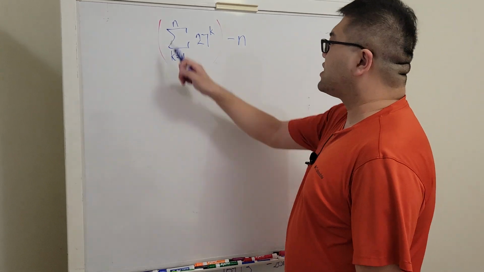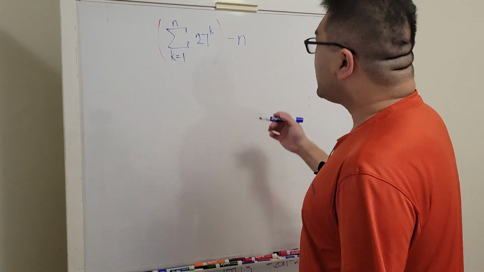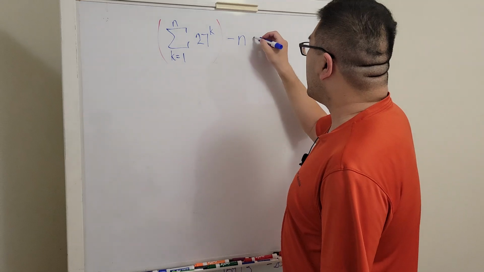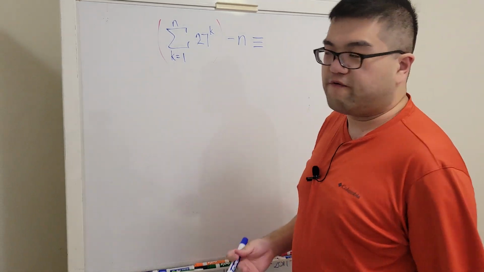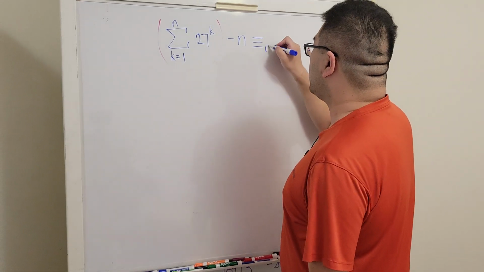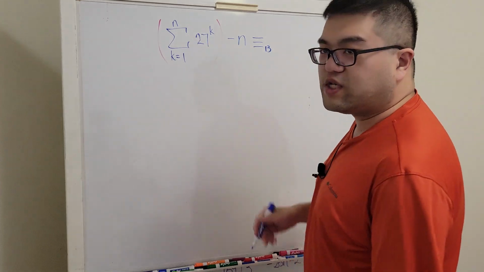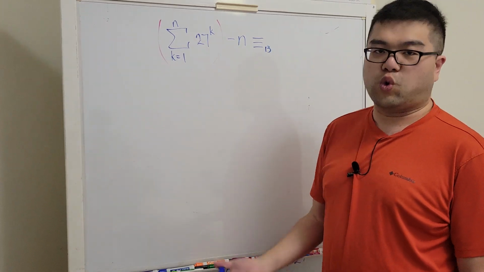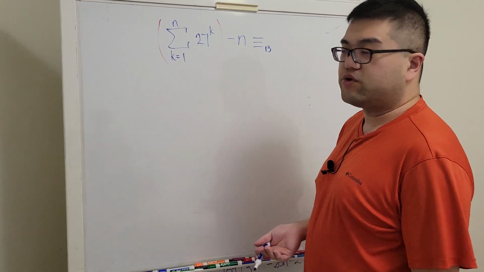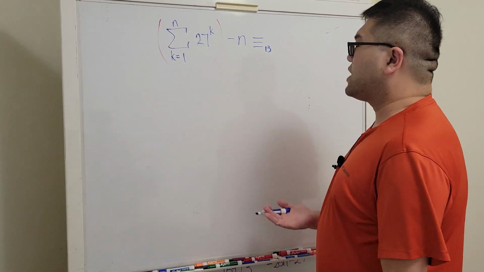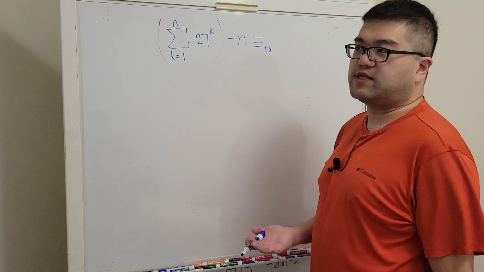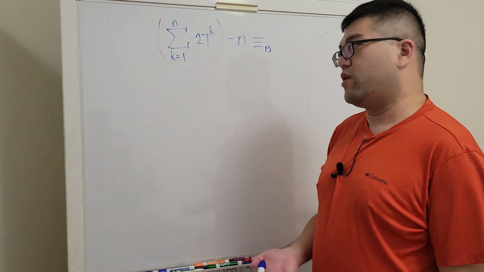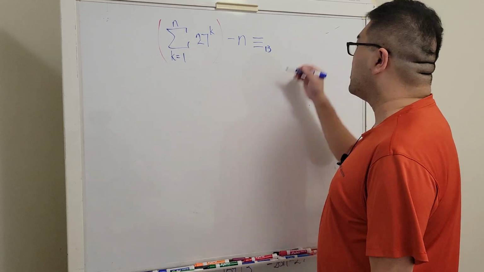To do that, we need to consider the following. In order to show that this expression is a multiple of 13, we might as well think of it as doing a modulo of 13. If we do that, we can reduce 27 into something between 0 and 12 under modulo 13. And what would that be? Well, 27 is in fact equal to 2 times 13 plus 1, where the remainder is 1. So it will be congruent to 1.